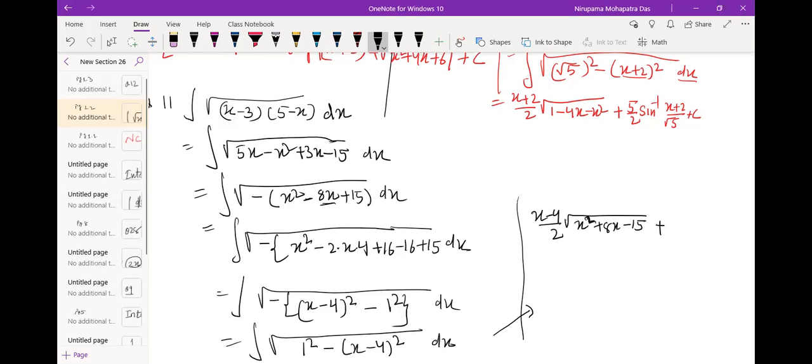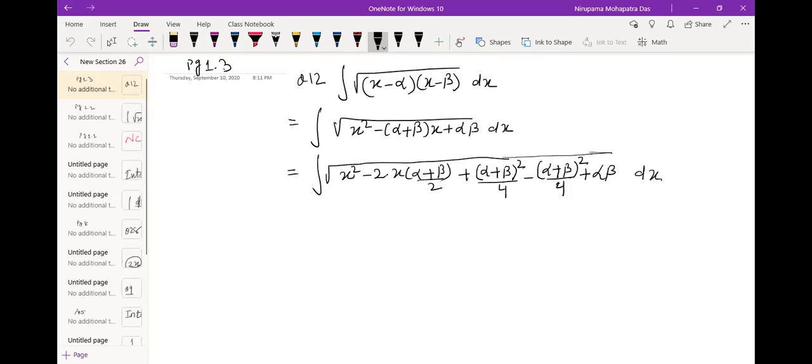Cos a square by 2 means 1 by 2, sine inverse x by a means x minus 4, plus constant of integration. Okay, so the questions are not very difficult, is it?